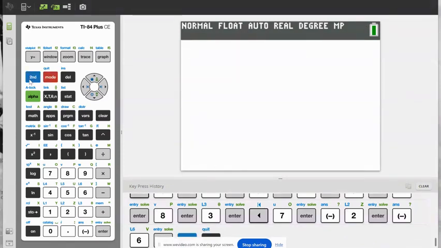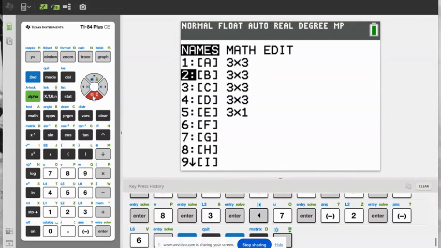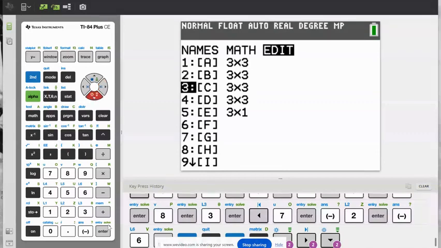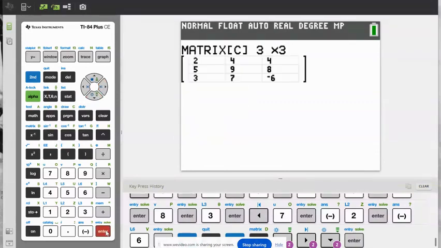Now I'm going to enter in my next matrix. So I did A, I did B, now I'm at C. All right, I already have it in. Second quit.